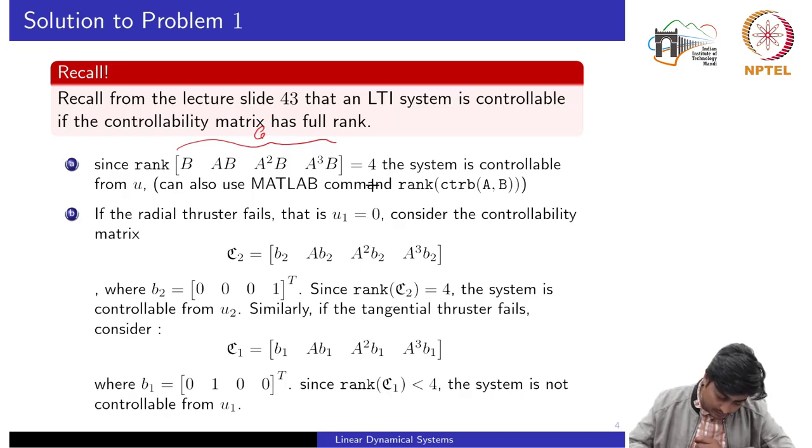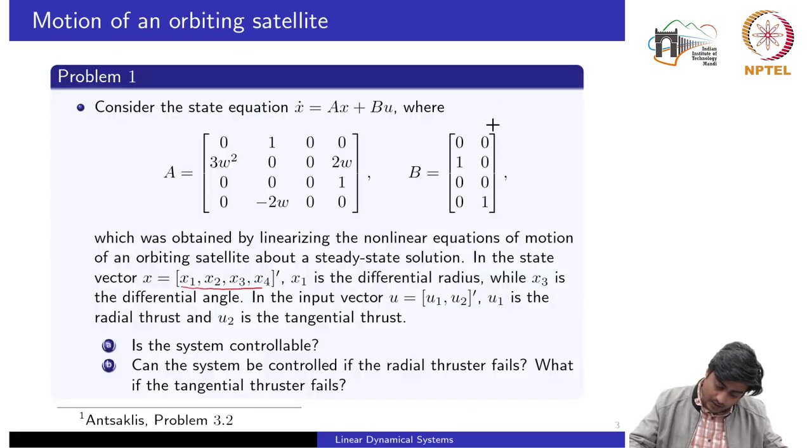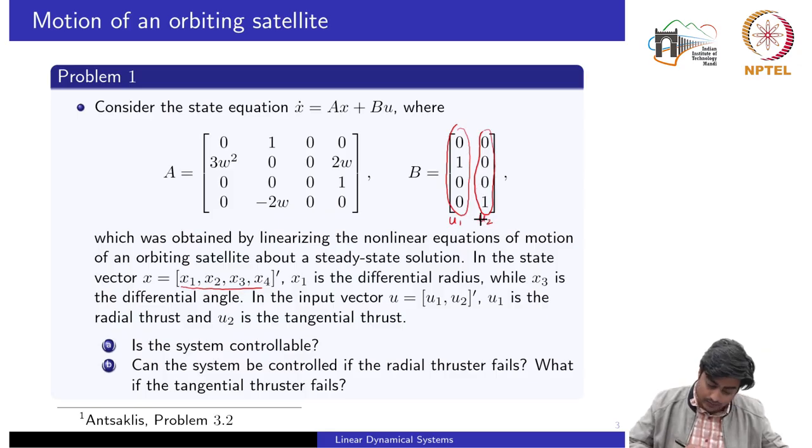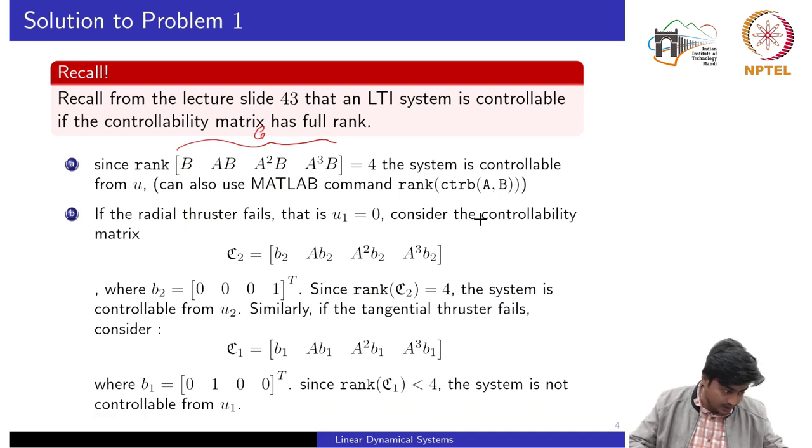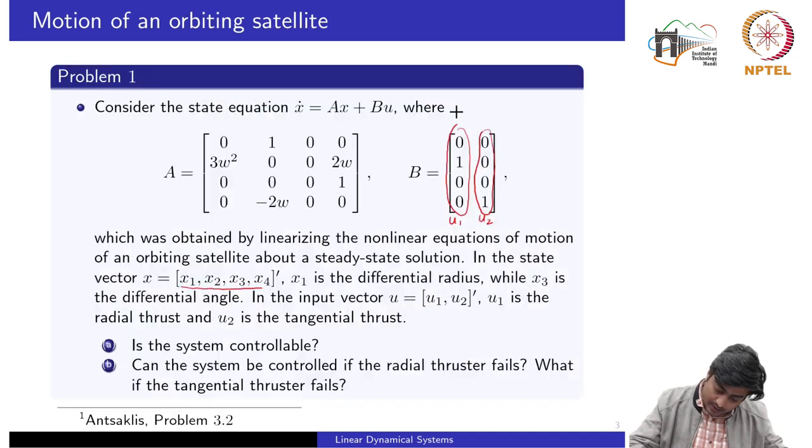Now we want to test if the first input fails, meaning if u1 is equal to 0. If you pay attention to the B matrix, this column vector corresponds to u1 and this one corresponds to u2, so we can label them b1 and b2.